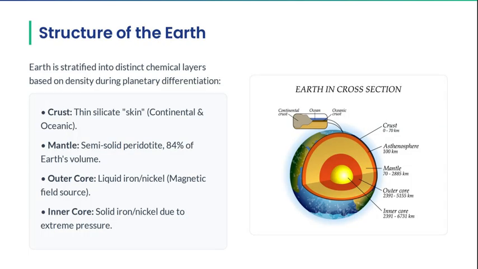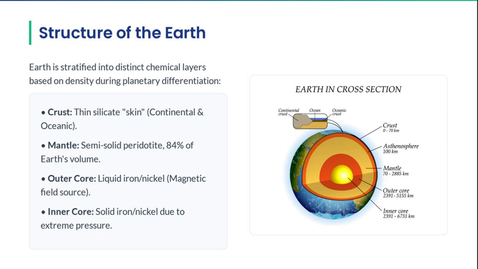So the Earth is stratified into different chemical layers based on density, the planetary differentiation. First we have the crust, which is the thinnest layer, almost like the skin, and it composes the continents and the ocean.